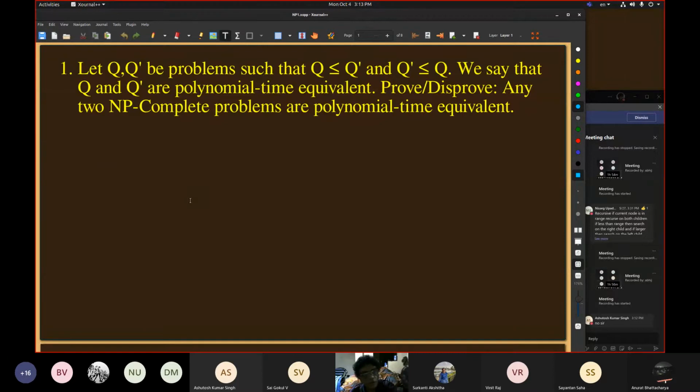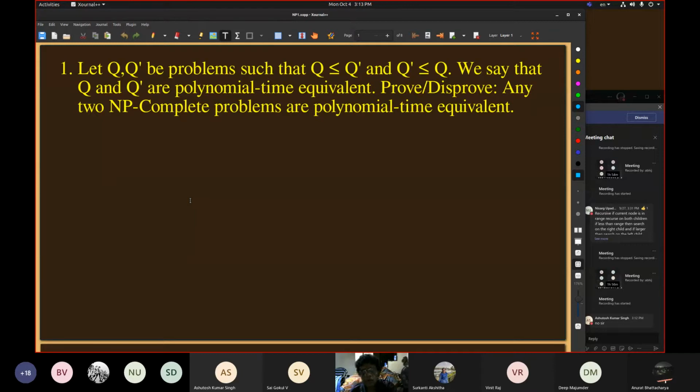reductions. So let us say that Q and Q prime are two problems such that there is a polytime reduction from Q to Q prime and another polytime reduction from Q prime to Q. If we have such reductions, we say that Q and Q prime are polynomial time equivalent.